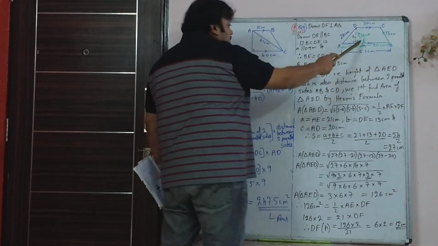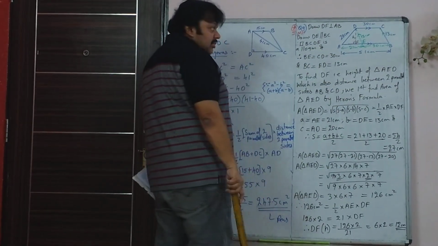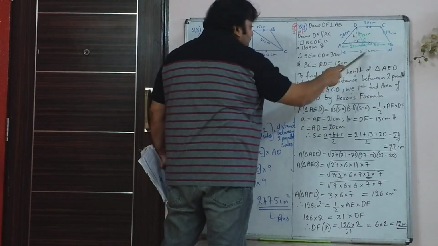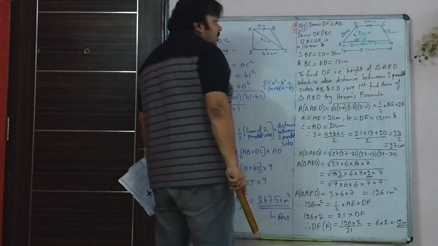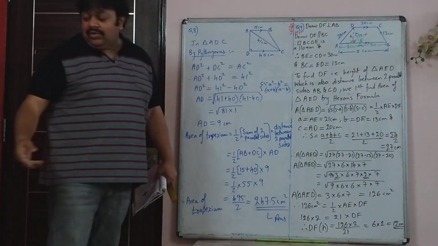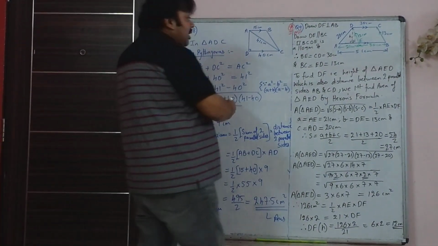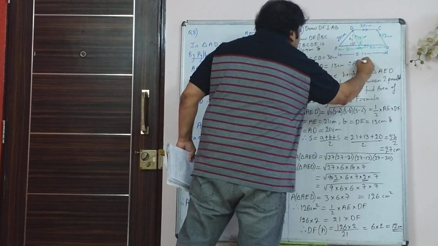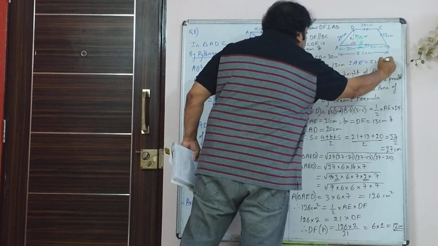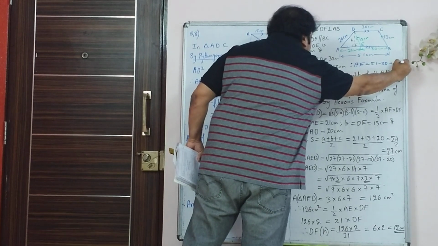AE is the entire length that was given, and you have written here that BE is 30. So you can say that AE is 51 minus 30, 21 centimeters.